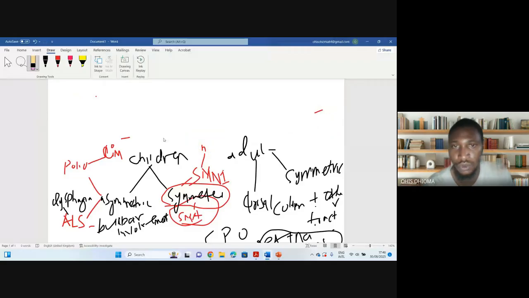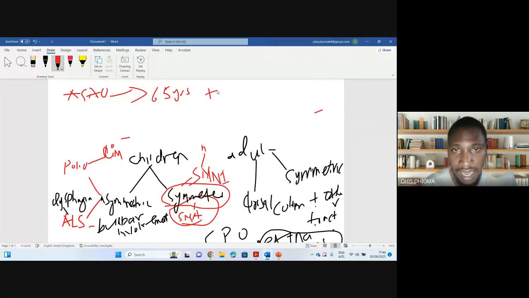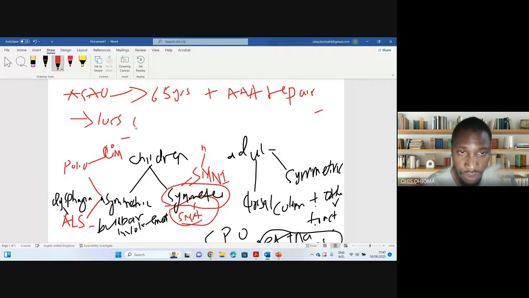So what happens here is that for the anterior spinal artery occlusion, the question typically presents with, let's say, a 65-year-old man that had an abdominal aortic aneurysm repair. And then a few weeks later, the patient has loss of pain and temperature.